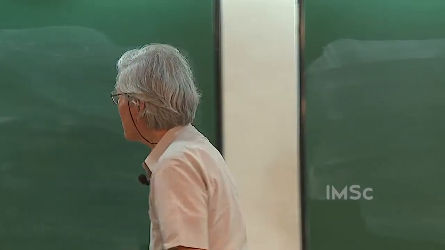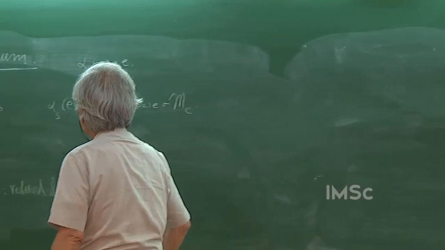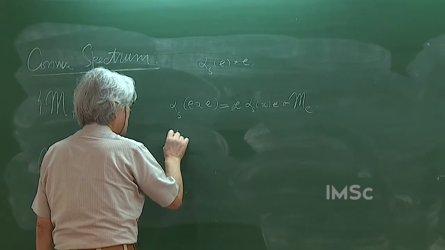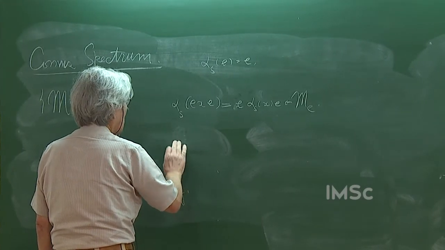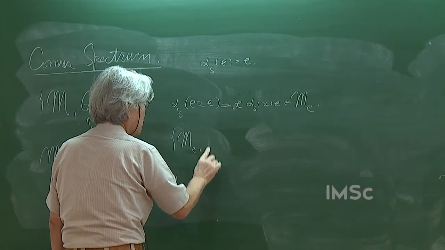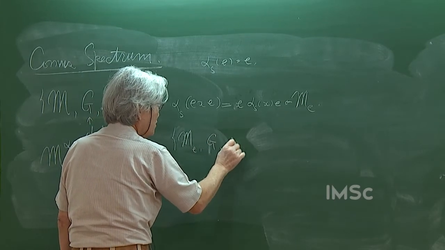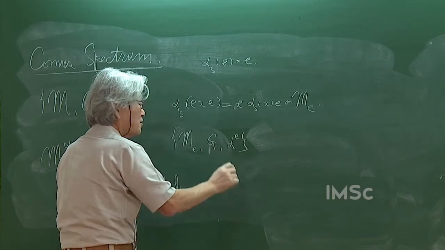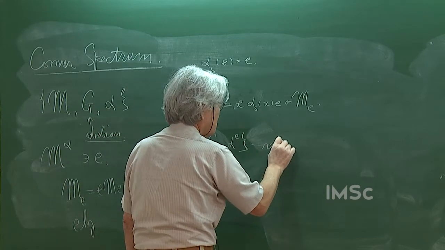So call it the reduced system. M_E with the group is the same, now we write it alpha. That's a reduced system.